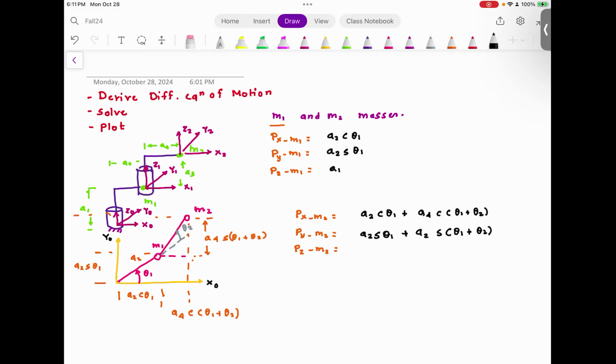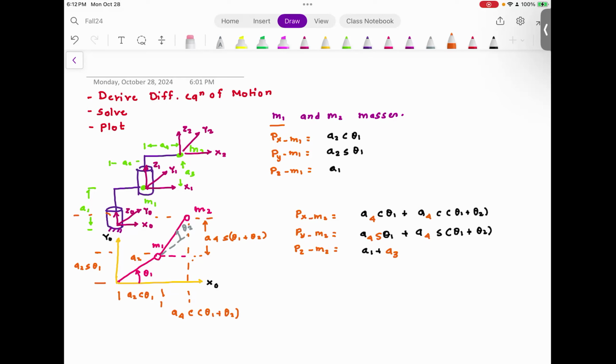Last but not least, Pz M2 is A1 plus A3. Everyone understood this?